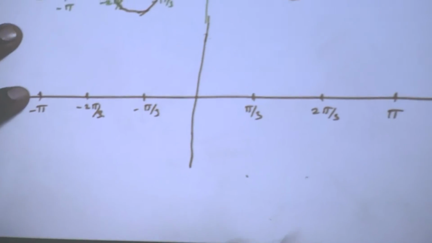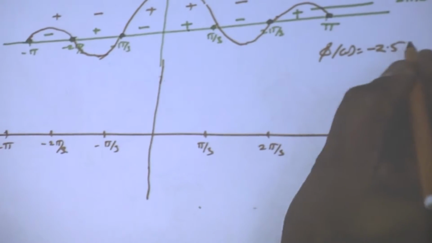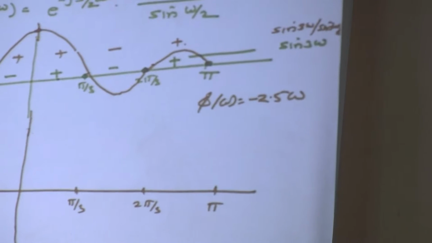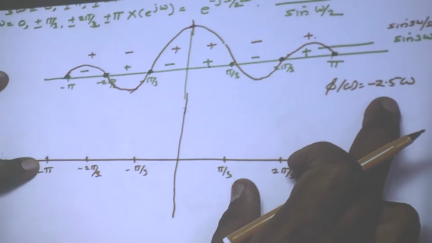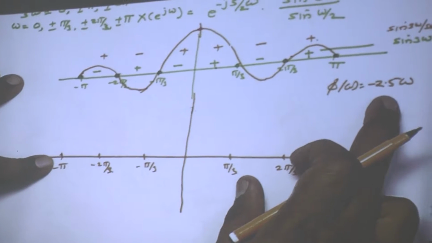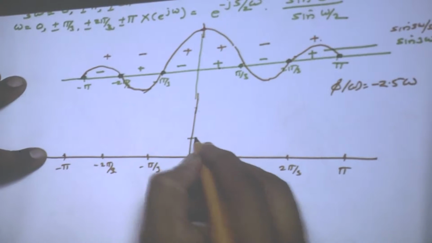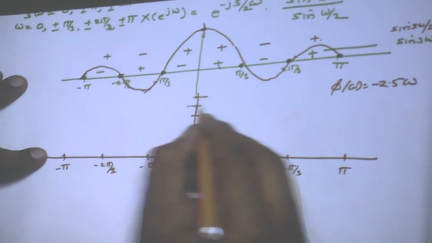Now what is the phase? Phase function phi of omega is minus 2.5 omega. So when omega is equal to minus pi, this becomes plus 2.5 pi. Is that right? So I will have to make pi, 2 pi, 3 pi here. So 2.5 pi will be here.